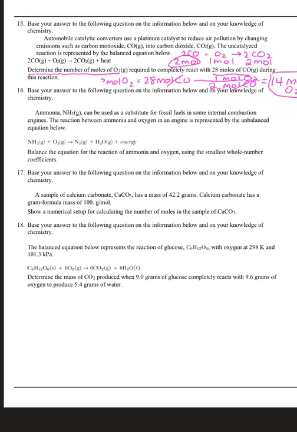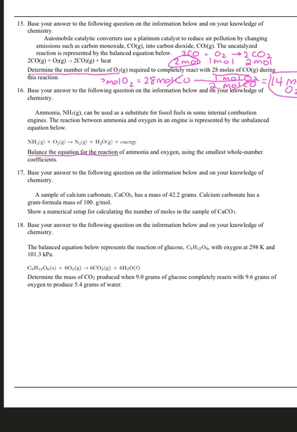Okay, the next question is another short response with a brief reading. I'm just going to go ahead and jump right to the question. Balance the equation for the reaction. Okay, so I have a chemical reaction that's given to me, and it's not balanced, and I'm going to go ahead and balance that equation.